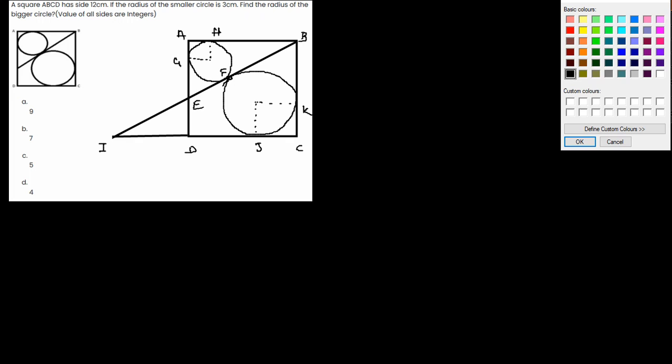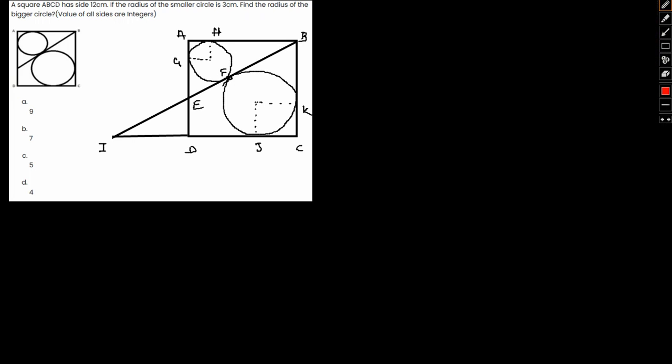Now notice one thing. In the figure itself, we know the side of the square is 12, and the radius of the smaller circle is 3. So AH is 3, AG is 3. Now HB and FB are tangents to the smaller circle from a common point, so their lengths will be equal.